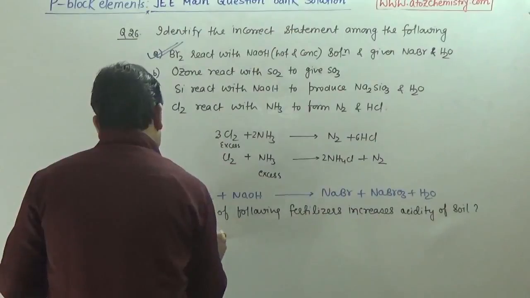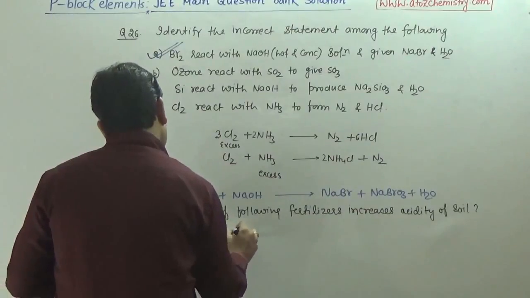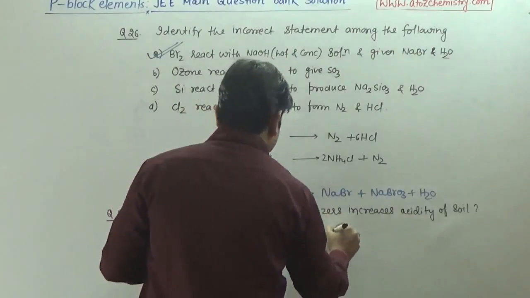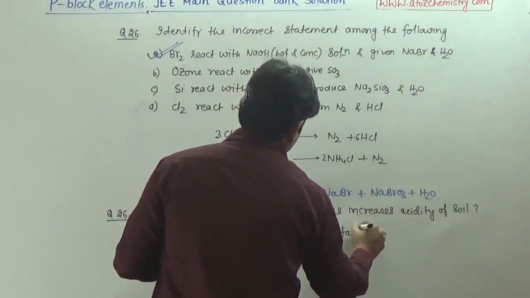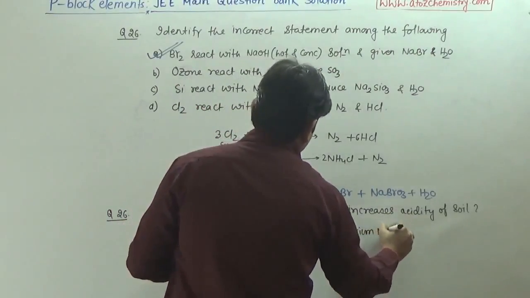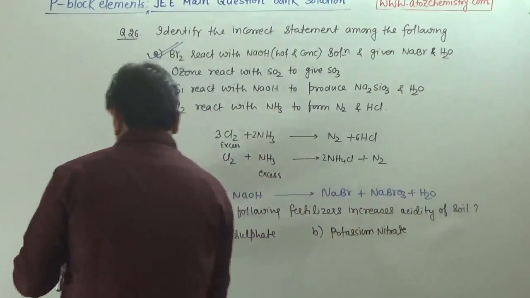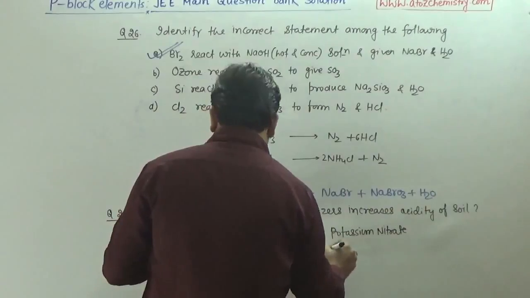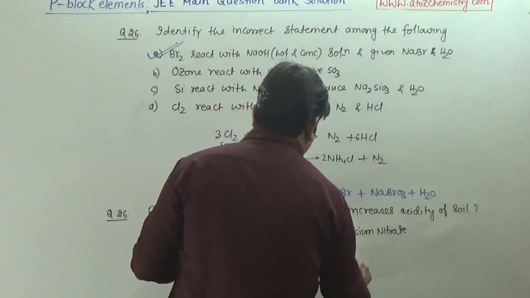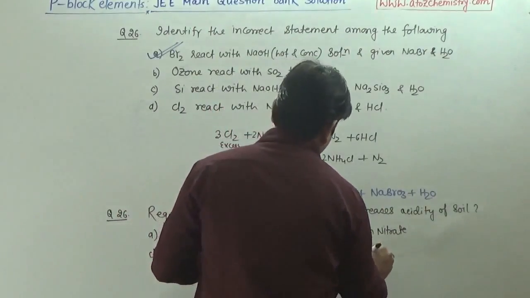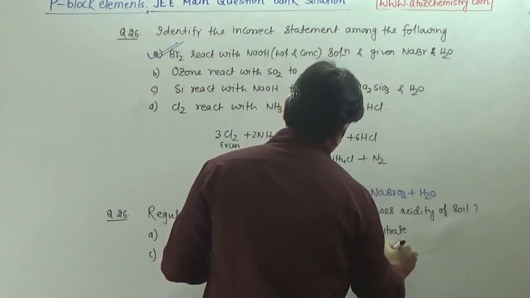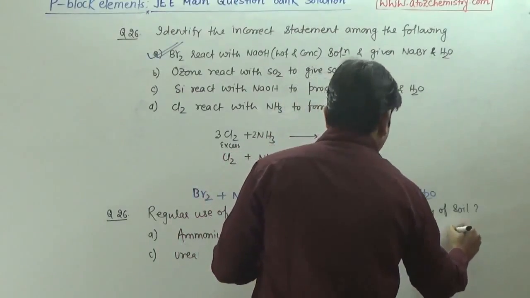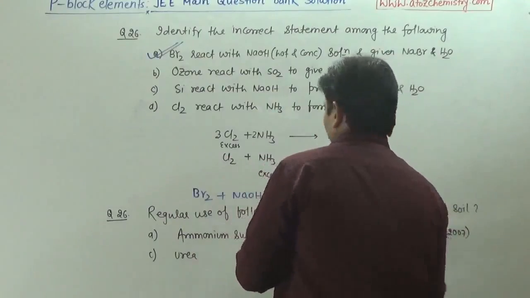A option is ammonium sulfate, B option is potassium nitrate, C option is urea, and D option is superphosphate of lime. This is the question asked by JEE Main 2007.